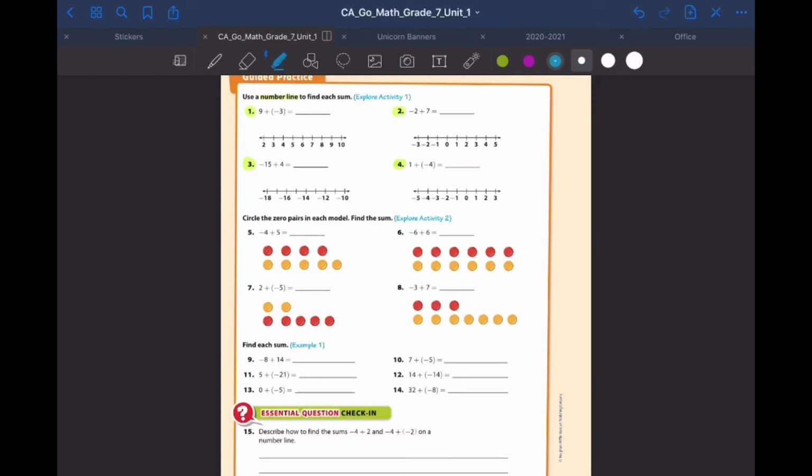Then I want you to find the sum by finding 0 pairs. So 5, 6, 7, 8. And finally, finding the sum by using subtraction. So 9, 10, 11, 12, 13, and 14.